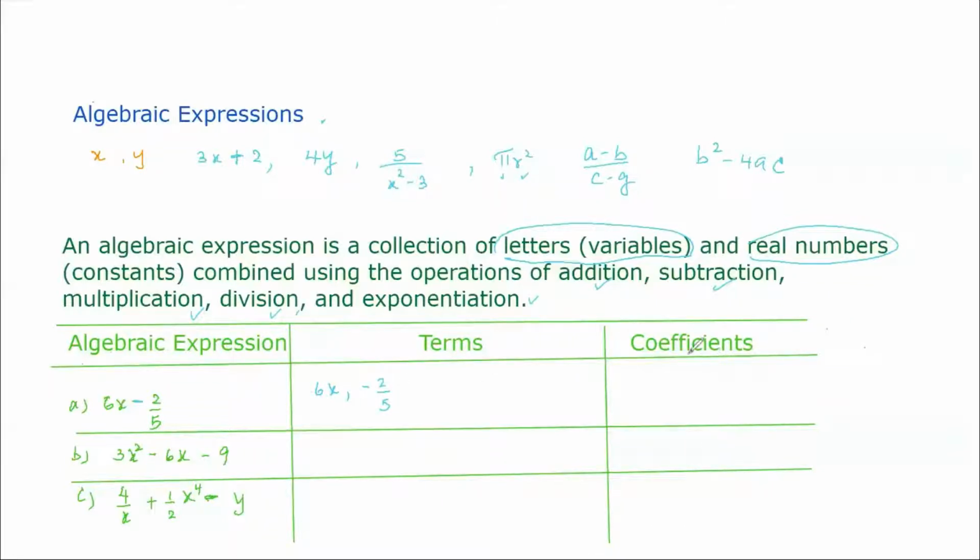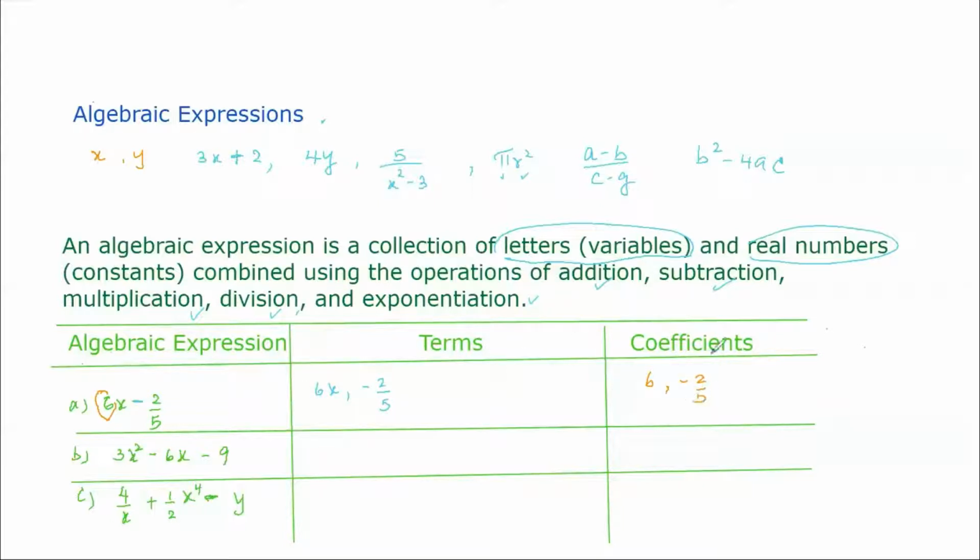Coefficients are the numbers in front of the unknown. This one we call the coefficient. Like here, 6 is the coefficient of 6x, and negative 2 over 5 we can call the coefficient also. Why?